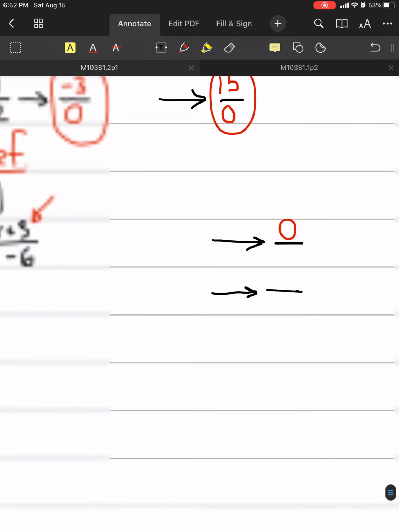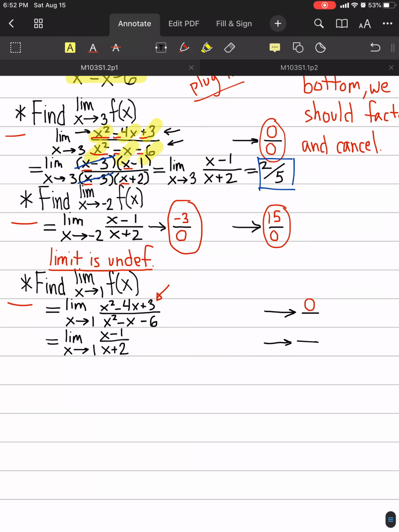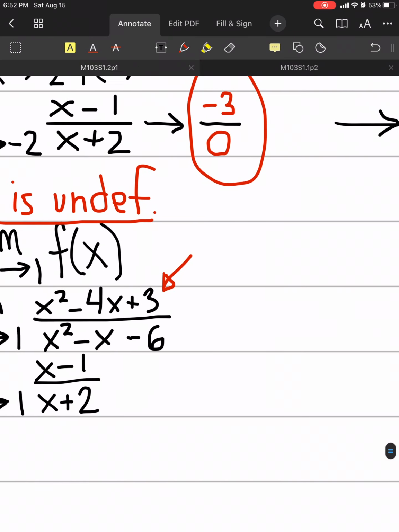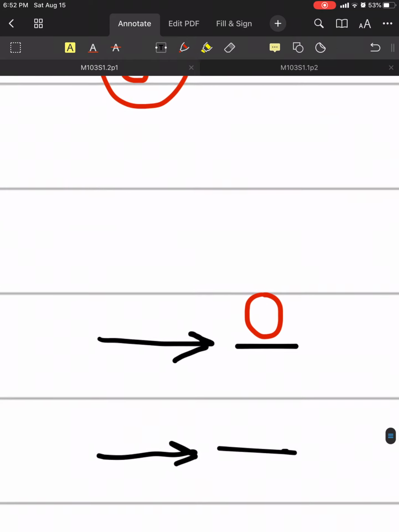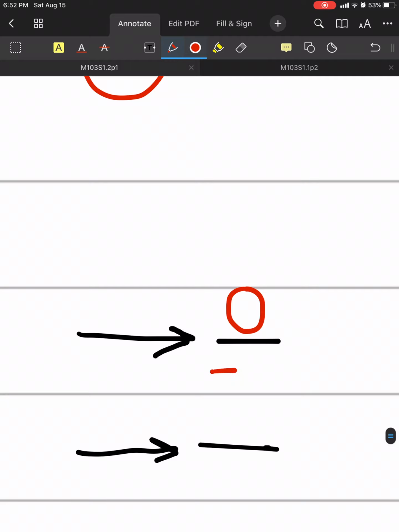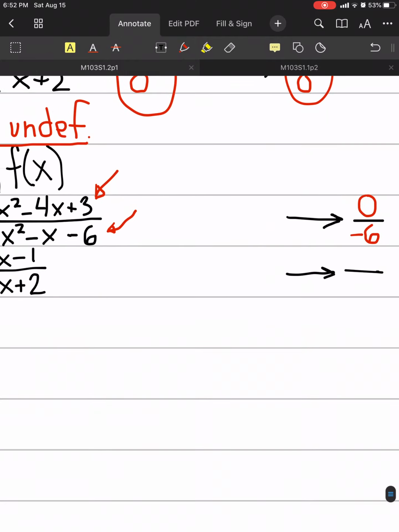Okay, and at this point you're thinking, oh, we're going to get a 0 over 0, we'll have to do the whole factoring thing. Well, take a look here. If I plug 1 into the bottom, I get 1 squared, which is 1, minus 1, which is 0, minus 6, which gives me negative 6 on the bottom. So I get 0 over minus 6 there.